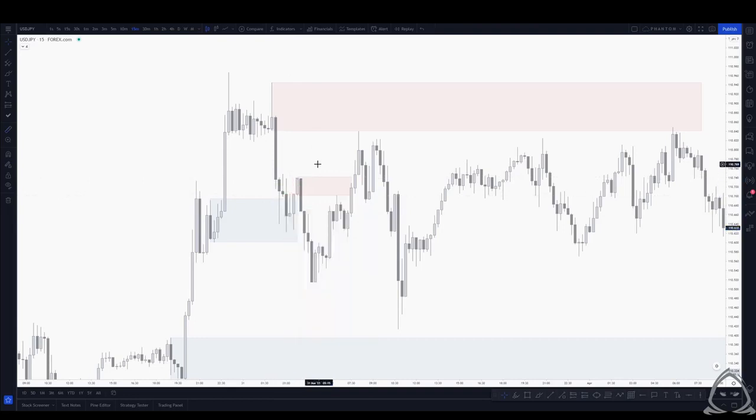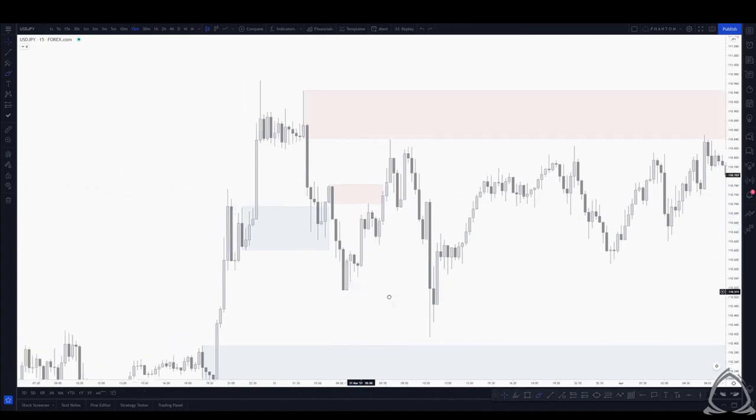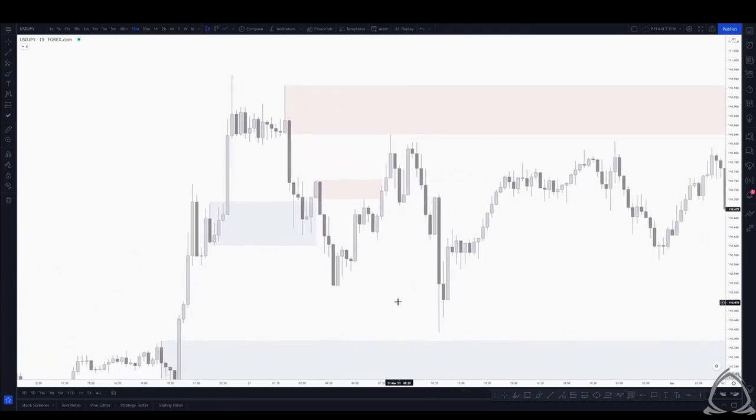There are times when using a refined zone is more advantageous from a risk to reward perspective. And there's times when you need a larger zone, especially if you're looking at something that's a little bit higher time frame and you're waiting for price to return into that zone, and then you're looking at lower time frame order flow to actually get involved. Again, we'll go through all of that, but just to get your mind thinking about some of these things.